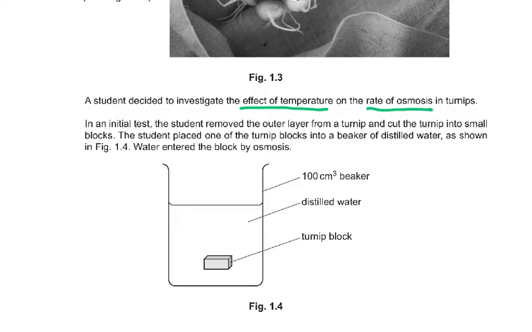In an initial test, the student removed the outer layer from a turnip and cut the turnip into small blocks. The student placed one of the turnip blocks into a beaker of distilled water. You see a 100 centimeter cubed beaker, distilled water, the volume is not mentioned, and the turnip block. As shown in figure 1.4, water entered the block by osmosis. Fine. So this is the block and water will enter by osmosis from all sides.